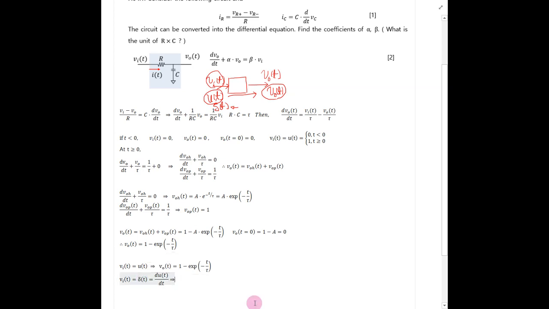So the output response, usually the impulse response, expressed by h(t), will be dv_o over dt. So by taking the derivative, these terms will give 1 over tau e to the minus t over tau. Or we can express it in this way.